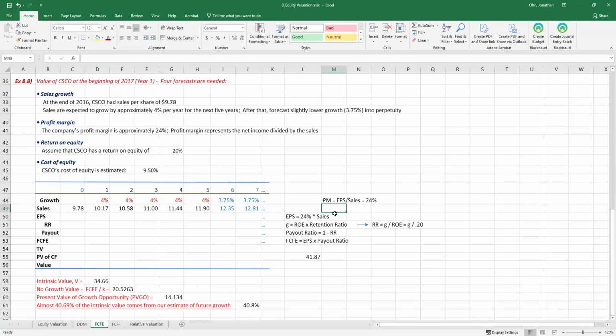That means earnings per share is profit margin times sales, or earnings per share is 24% times sales. So that is how you calculate here. Profit margin times sales is this one. That is earnings per share, net income, $2.44. And it's the same thing for every year, so just copy and paste. That is the future net income.